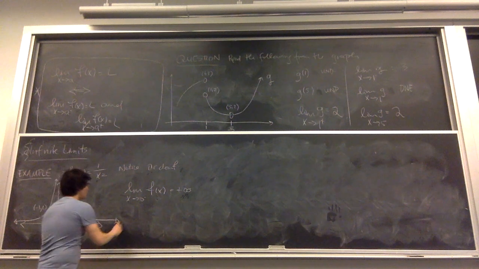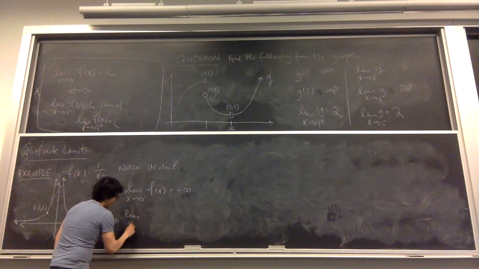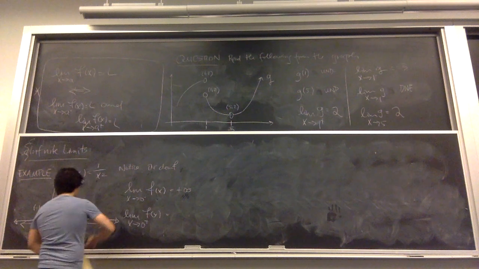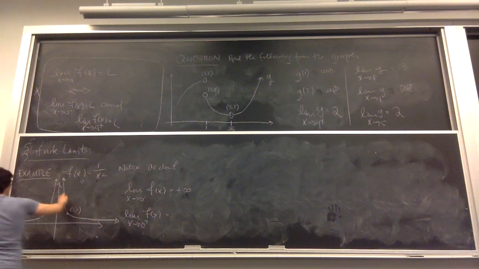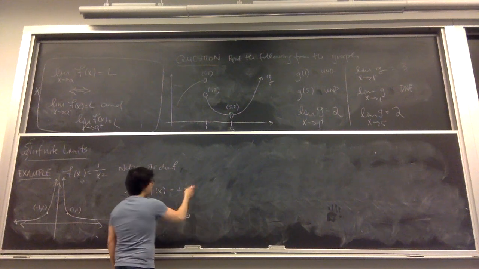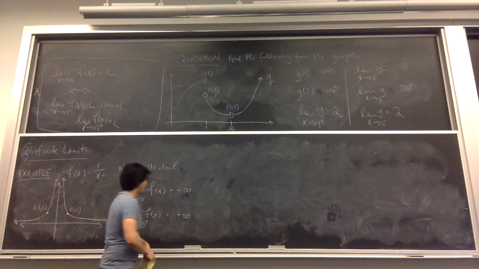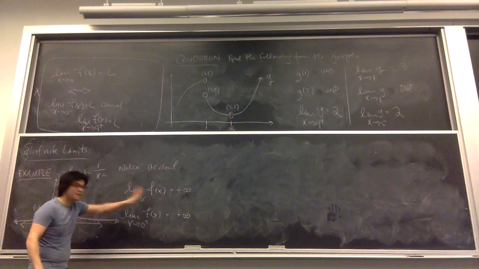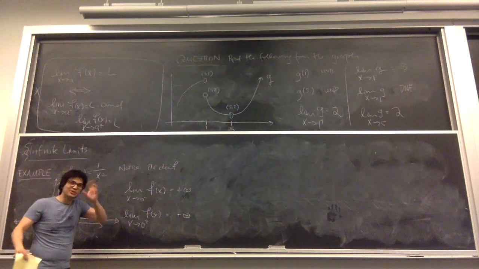We also have the limit as x goes to 0 from the right of this function. That means I'm walking towards 0 from the right. Where am I heading in the y? That's also positive infinity. Given that these two limits are equal, and they exist, there's a little nuance here.